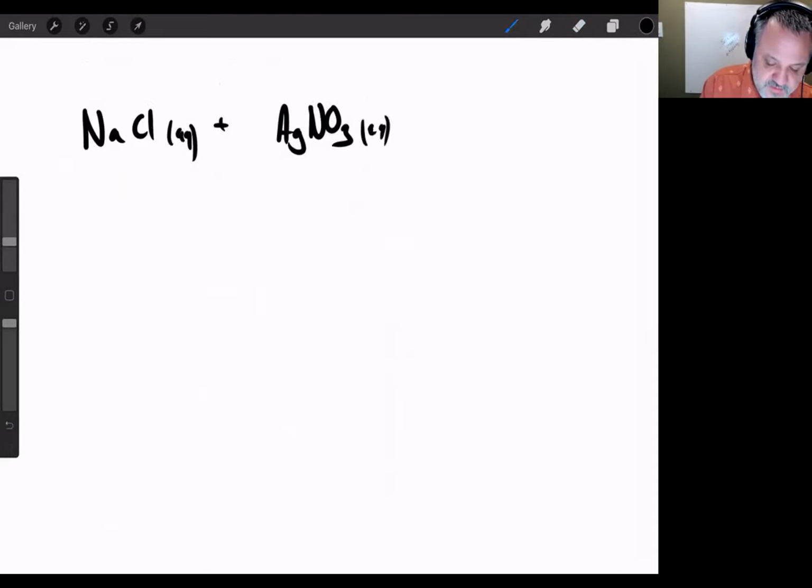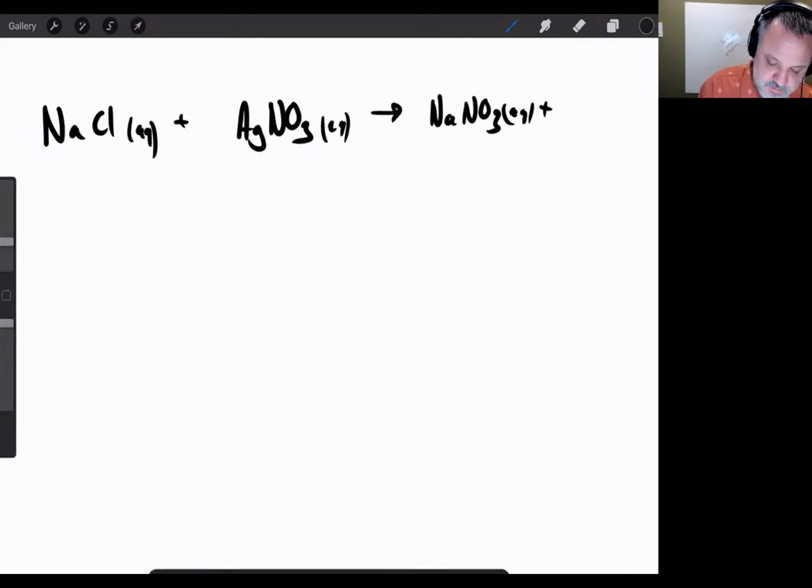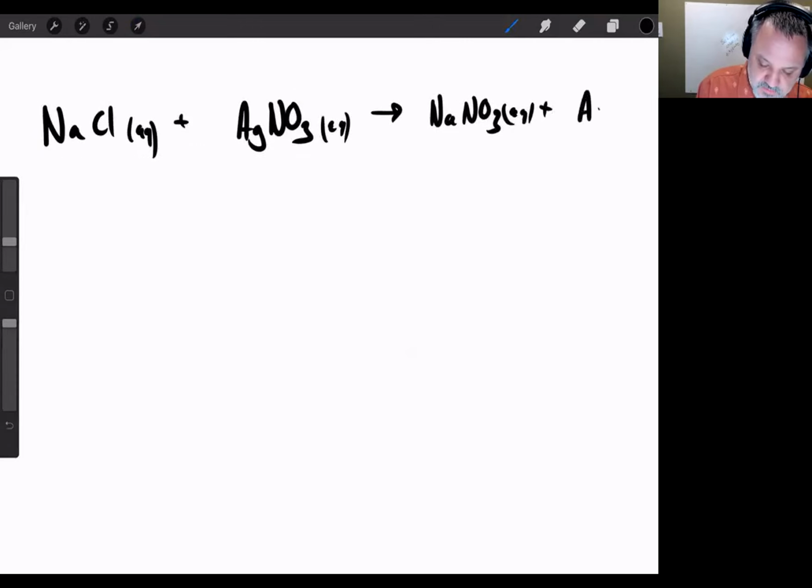Nitrate is always soluble, so that's aqueous. Sodium nitrate is always soluble, but the other thing is silver chloride. And if you take a look at the exceptions, for chloride, chloride is generally soluble, but one of the exceptions is silver. So it's solid.